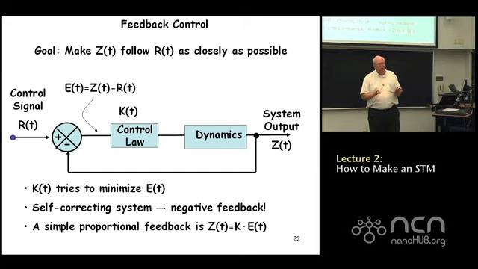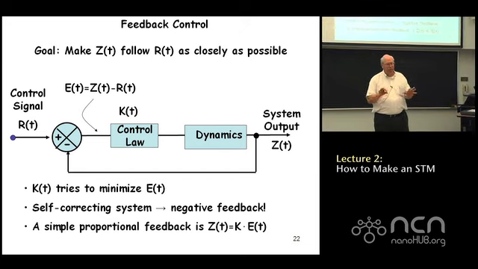We're not going to talk much about feedback control in this lecture, but it's going to be an important issue in atomic force microscopy. This is a slide just to introduce you to the concept, because it's going to come back later in a lot more detail.